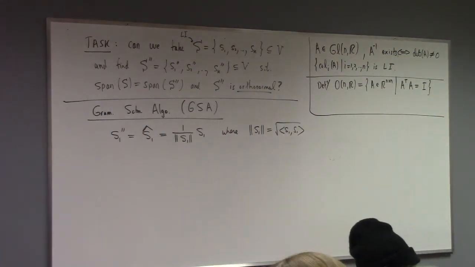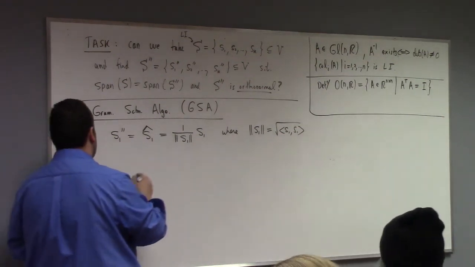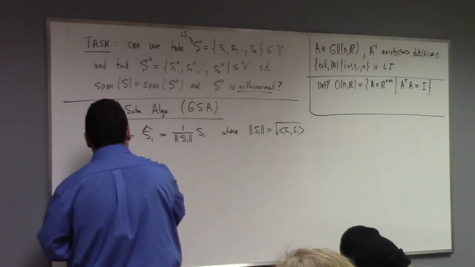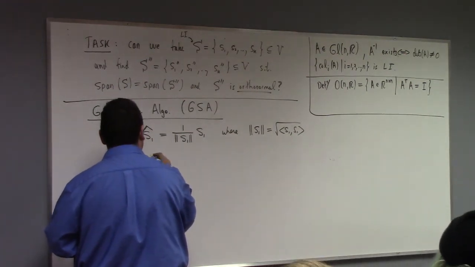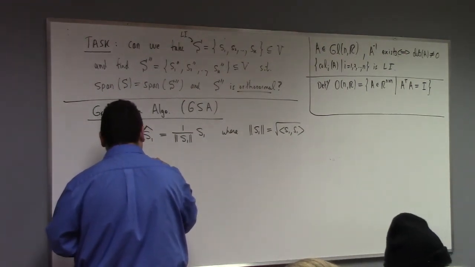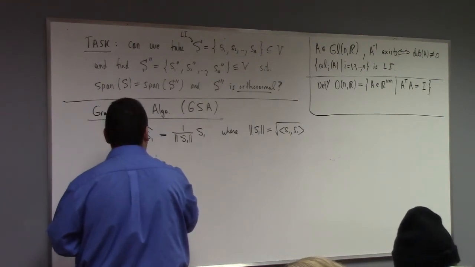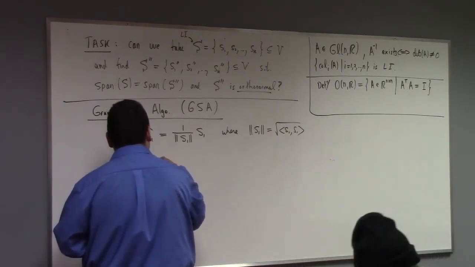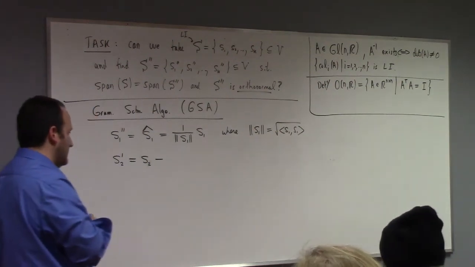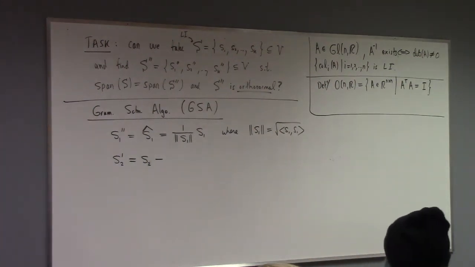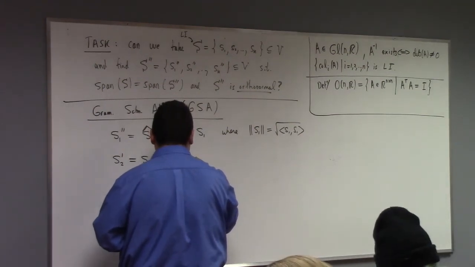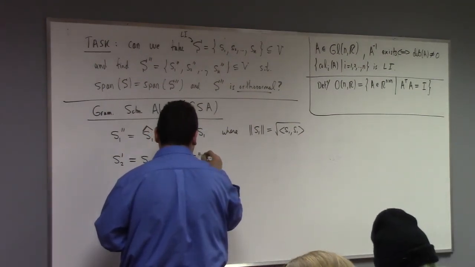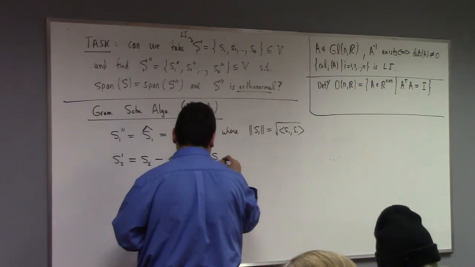Then the Gram-Schmidt algorithm says next, you look at S2. I'll say S2 prime is equal to S2 minus the inner product of S2 with S1 prime prime times S1 prime prime.